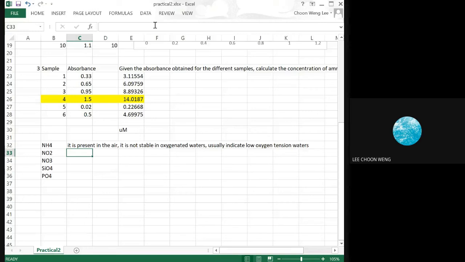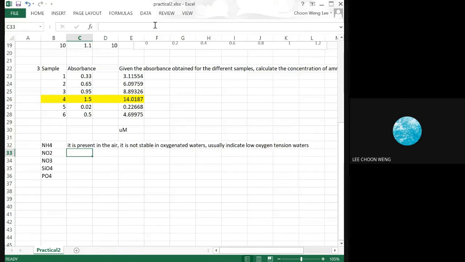Okay. So ammonium is present in the air. Why is this important? That means there is a chance of contamination from the air itself. This is important especially for open ocean waters. Ocean waters have very low ammonium. So even breathing near the sample might actually contaminate your water sample with ammonium.